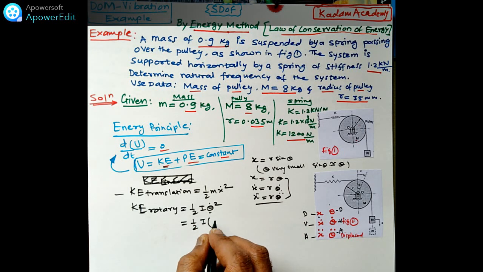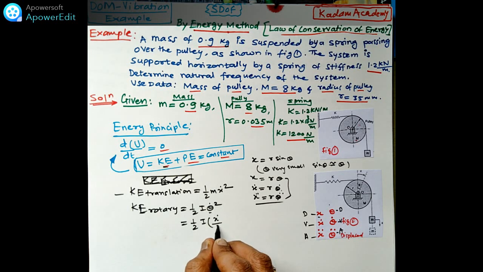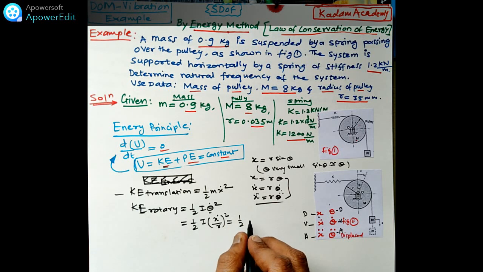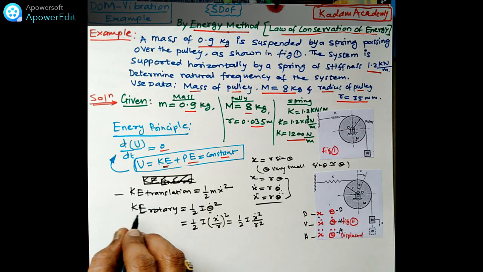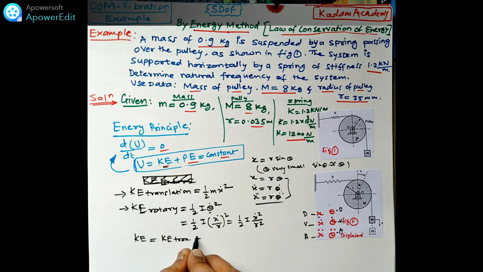So I into (x dot by r) square. So what will it become? It will become half into I x dot square in the denominator r square. So this is the value of KE rotary. The total KE becomes the addition of KE translatory motion plus KE rotary.